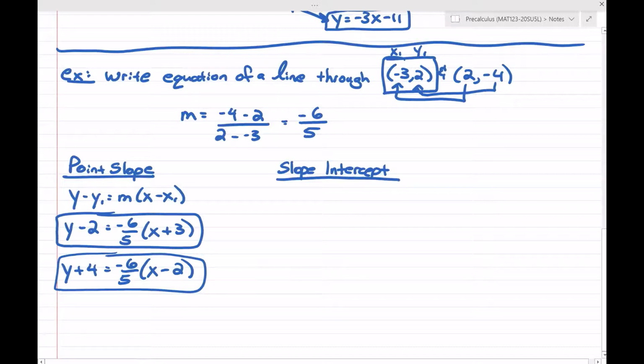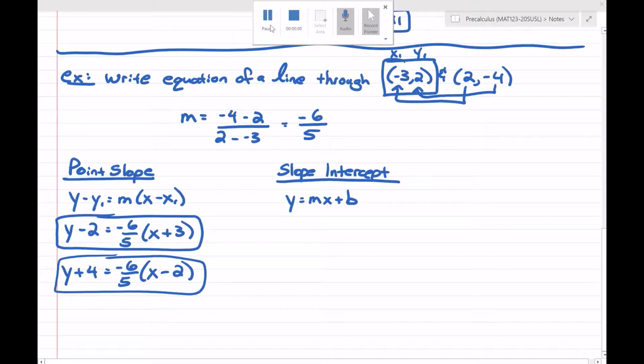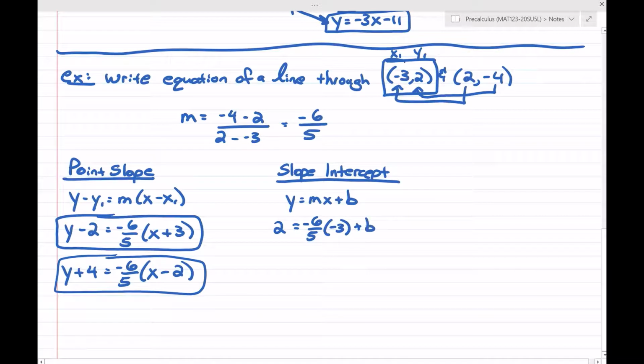Now for slope-intercept, we could rearrange them if you want. I'm going to do what most students do, and they solve for the y-intercept. So then let's use the point -3, 2. So I'll plug in -3 for the x value, -6/5 for our slope, and then 2 for the y value. Now we just have to solve for the y-intercept. So we get 2 is equal to 18/5 plus b.